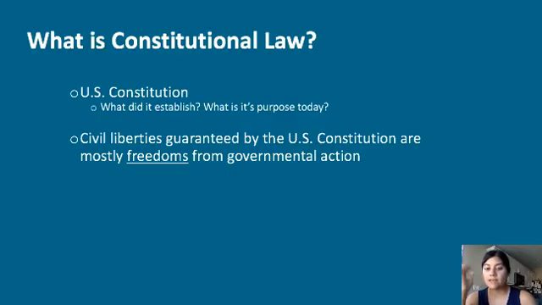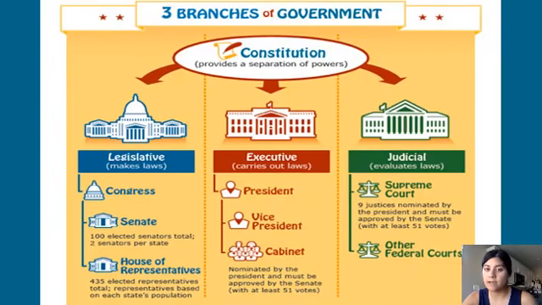Okay, so that's important context for understanding what the Constitution did, because it essentially did two things. It established our government, right? Prior to this, the U.S. had no established government of its own. So it established government and also created what we know today as our three branches of government. These are separated powers, right?